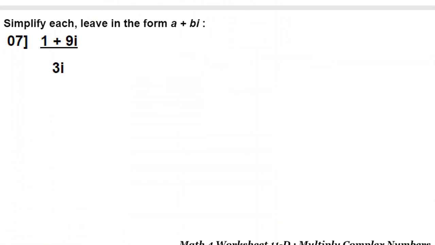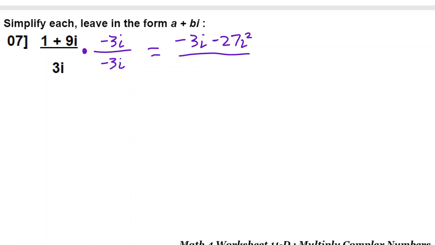All right, now we get to play with some conjugates. This one, if I have a 3i on the bottom, I'm going to multiply by negative 3i, top and bottom. Distribute that, it's going to give me this, and negative 27i squared. And down below, we're going to have a negative 9i squared.